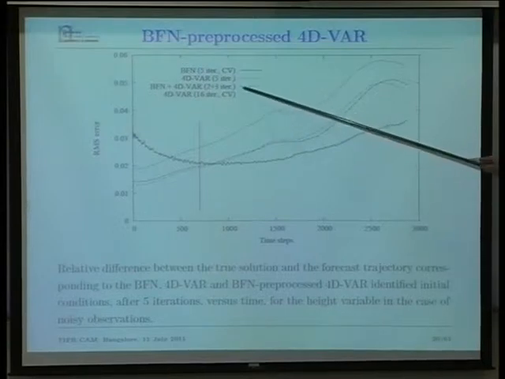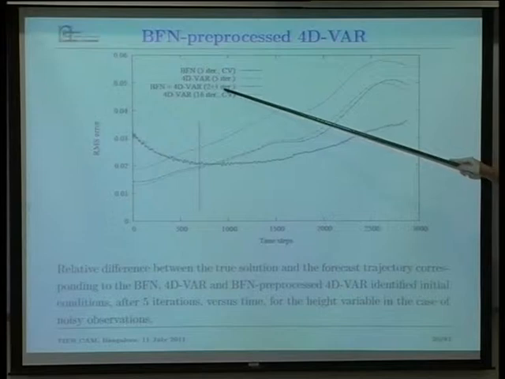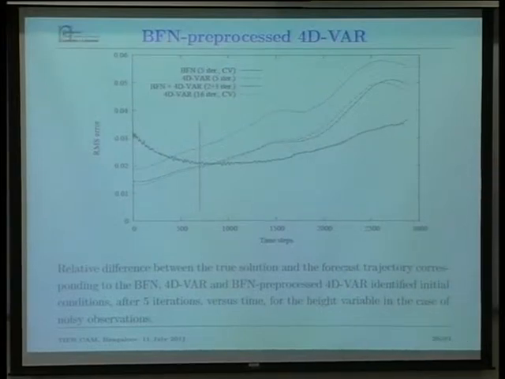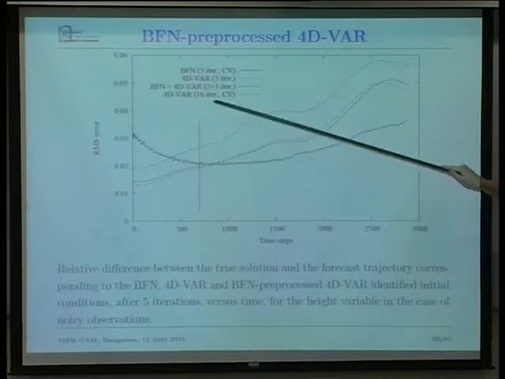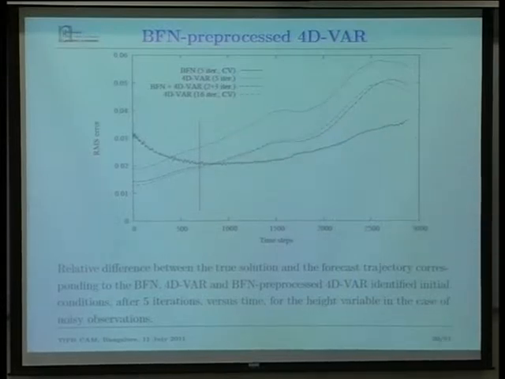So here we have done 2 iterations of back and forth nudging and then 3 iterations of 4D var, and we almost get the same solutions as the converged 4D var. So we reduced drastically the computational cost, but we get almost the same solution.